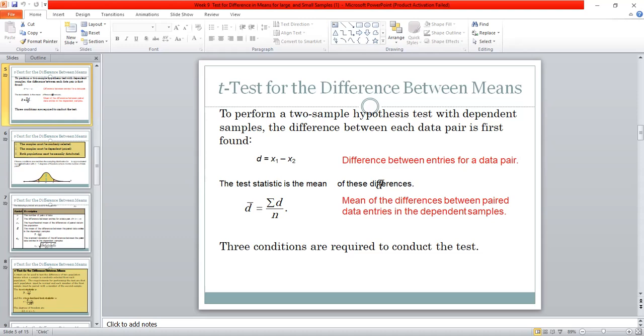Therefore, our hypothesis will be, because here we are testing for the effectiveness of an intervention, H0 colon, that's the null hypothesis, mu A equals mu B. You state it from a position of neutrality.